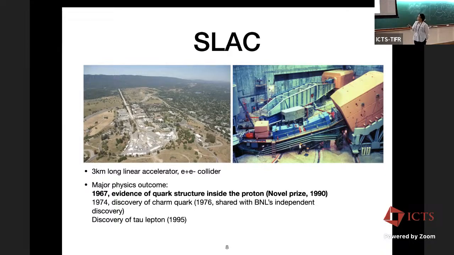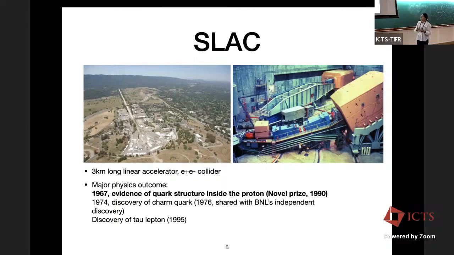First, SLAC is the linear accelerator. Out of all the accelerators I'm discussing in this talk, this is the only linear accelerator that we'll talk about. Later, through upgrades over many decades, it also had an E plus E minus collider for other physics.